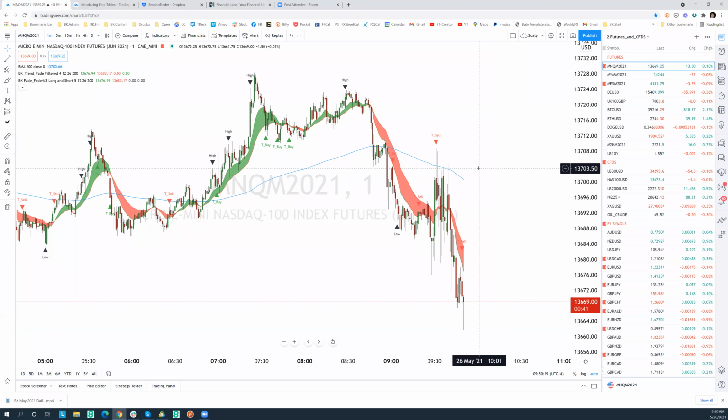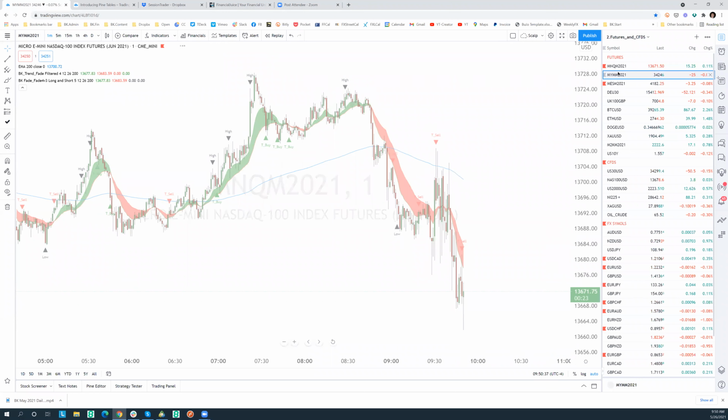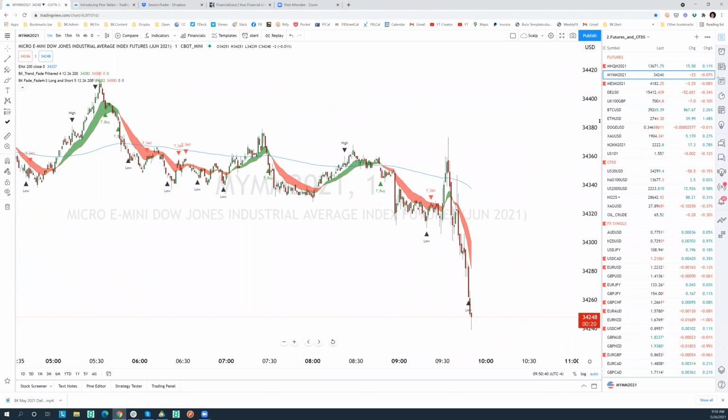That's interesting. So we didn't make fresh lows, and the trend sell kind of just dipped a little bit, came back up, which is fine. I'm not gonna play the game.